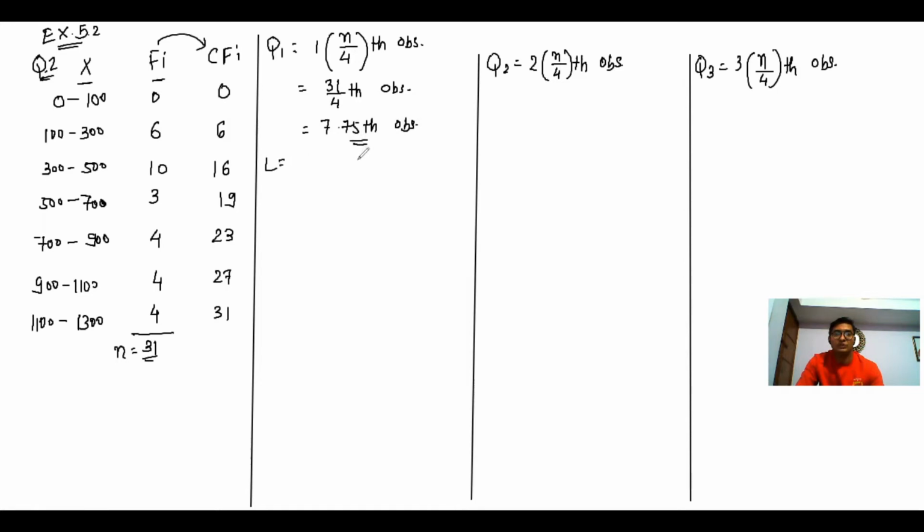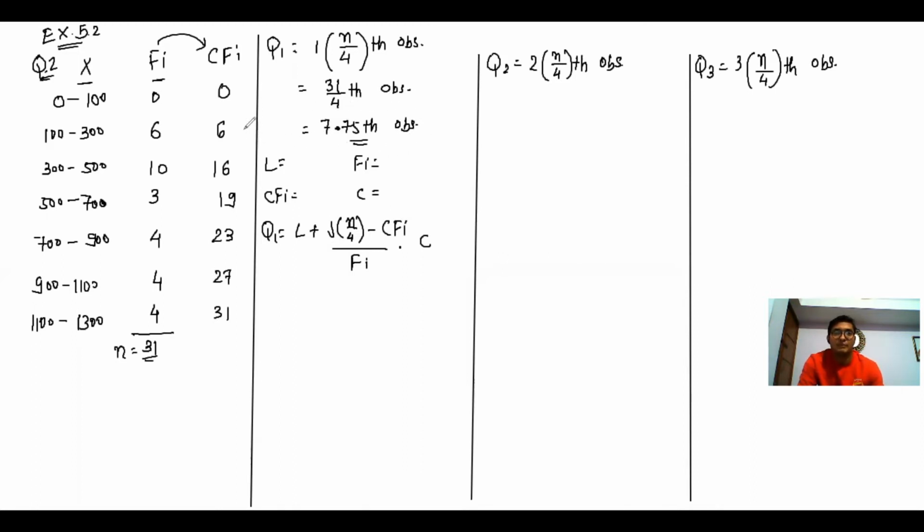Now for the values L, Fi, CF and C. The formula for Q1 is L plus (n by 4 minus CF) divided by Fi multiplied by C. Here, first of all, 7.75.